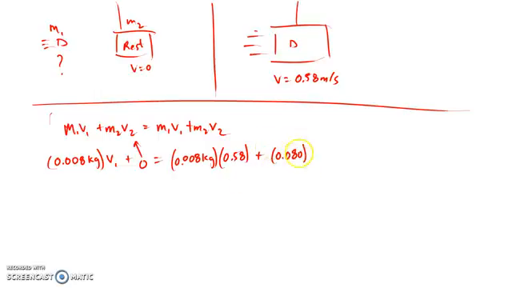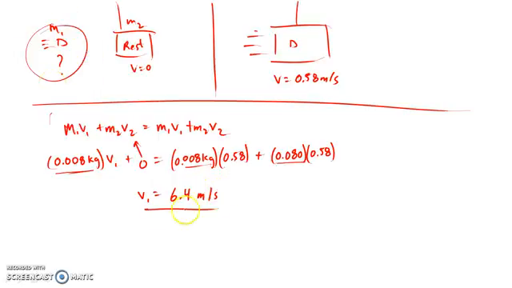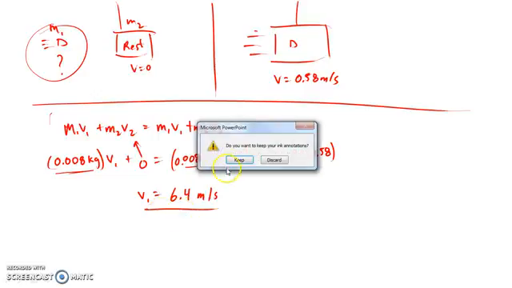You'll find this for the kilograms, the mass. And it has the same speed. So if we isolate V1 by itself, I would add these two numbers and then divide by this number. So here we find that the bullet is moving 6.4 meters per second. So again, you might have different numbers, but we're just going to take this one as an example.